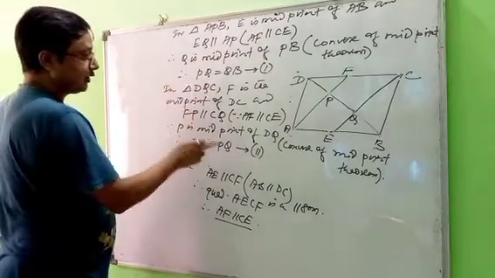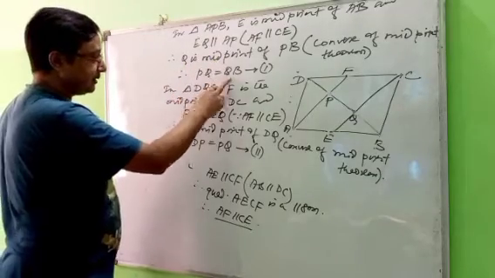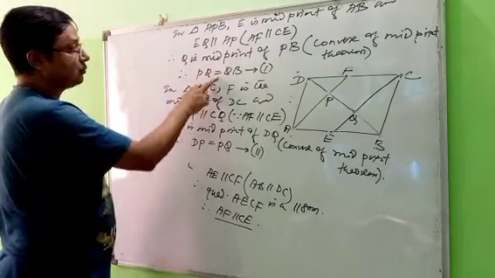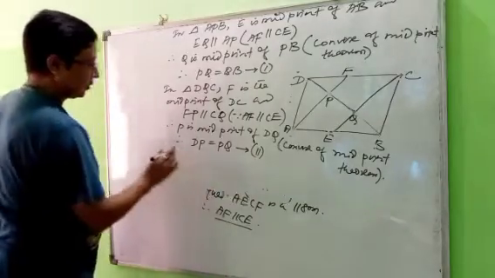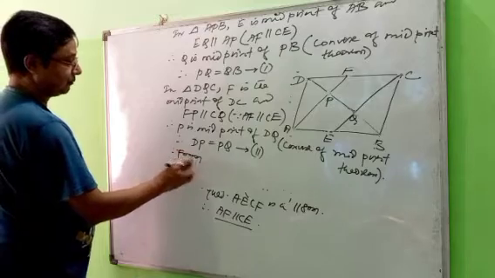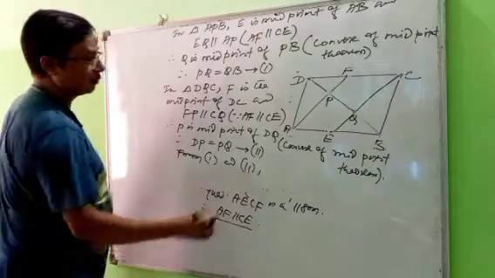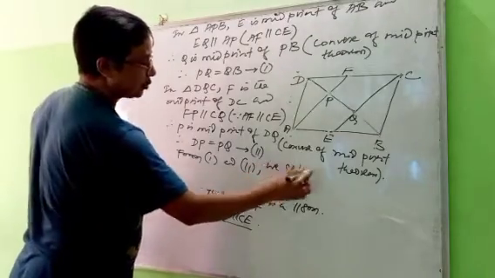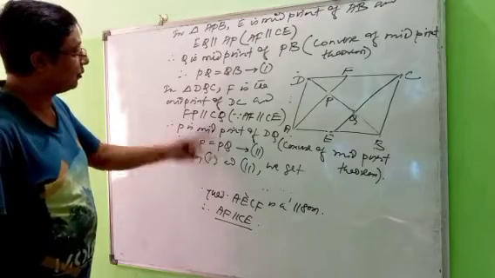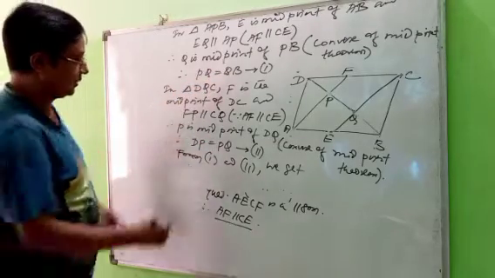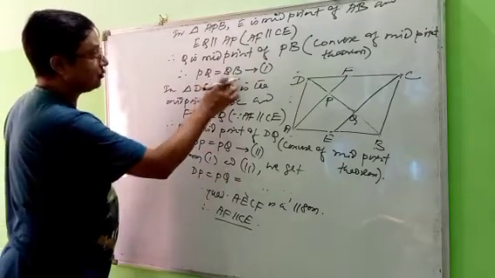Now you compare 1 and 2. DP equals PQ, PQ equals QB. So from equation 1 and equation 2, by comparing these two, DP equals PQ equals QB.